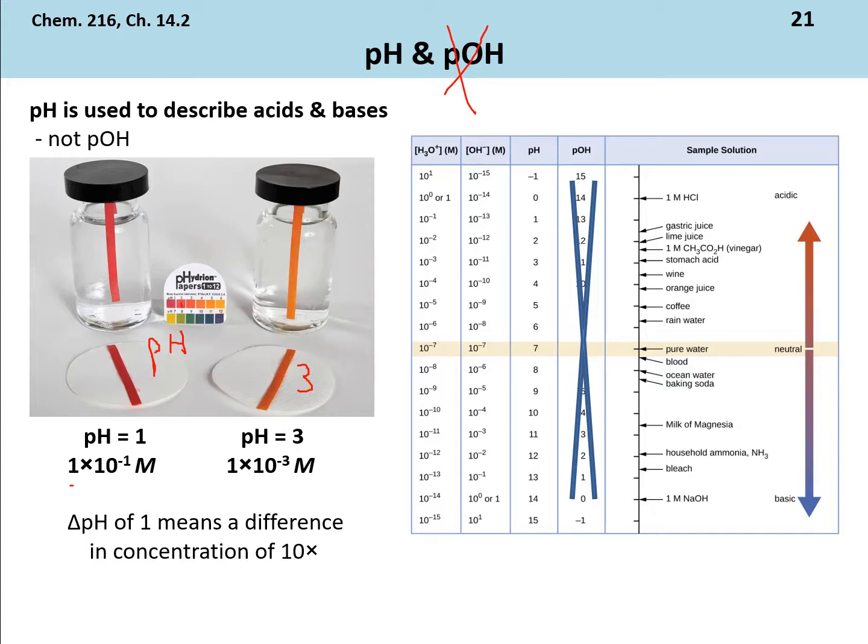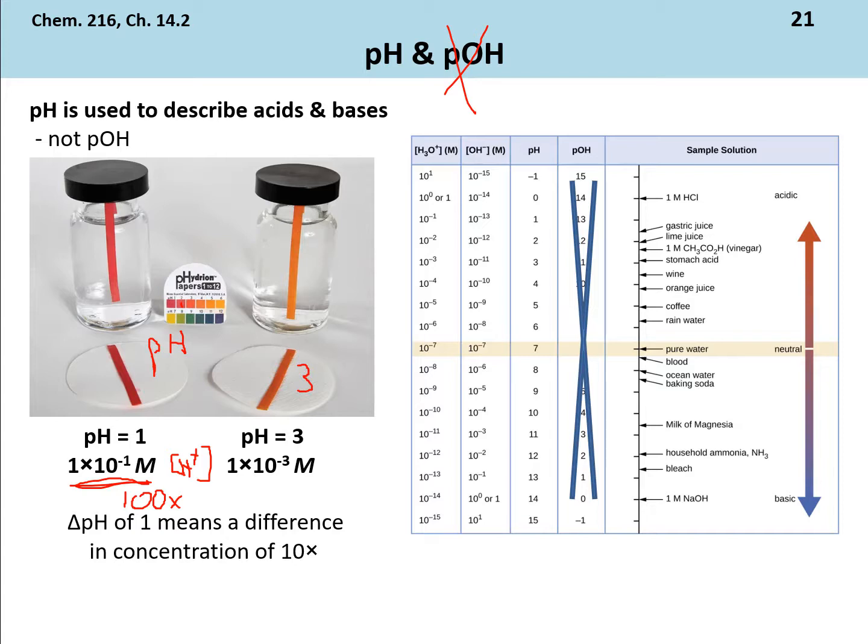What does this mean? This means that my H plus is 1 times 10 to the negative 1 on the left one, and 1 times 10 to the negative 3 on the right one. So this one has 100 times more H plus. Each change in pH of 1 means a difference in concentration of 10 times.